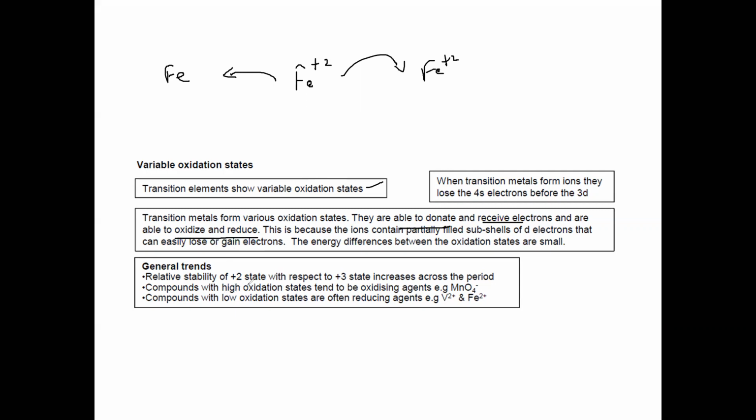So the relative stability of the +2 state with respect to the +3 state increases across the period. As we move across this period of transition elements, the +2 is more stable as compared to +3. And a compound with a high oxidation state tends to be an oxidizing agent, like manganese.